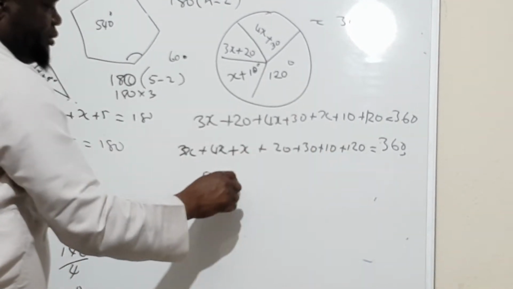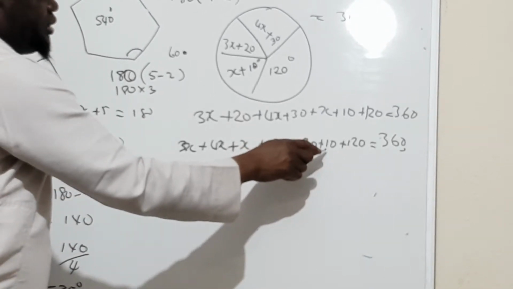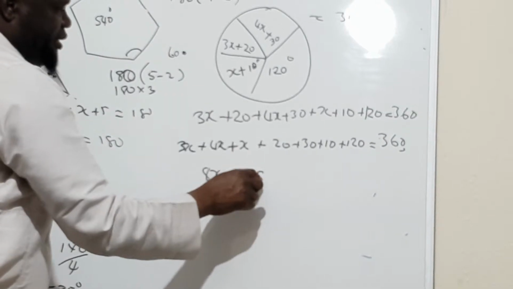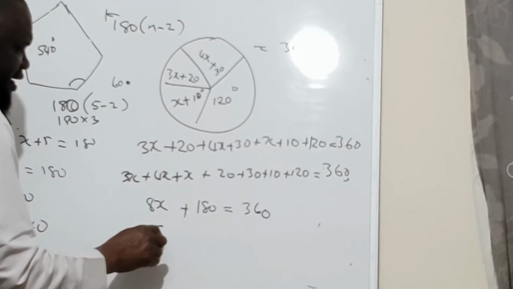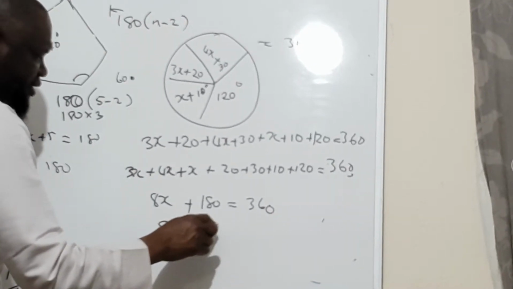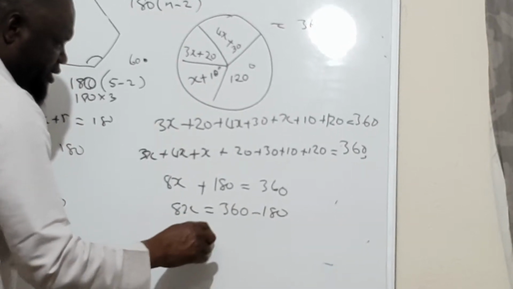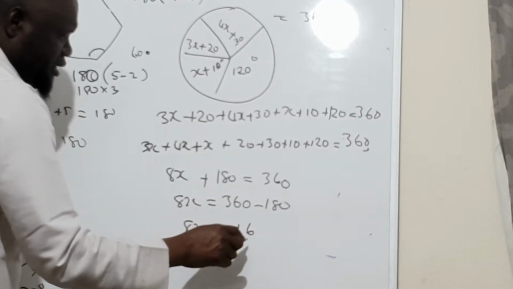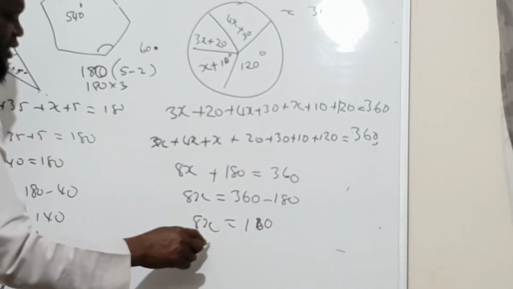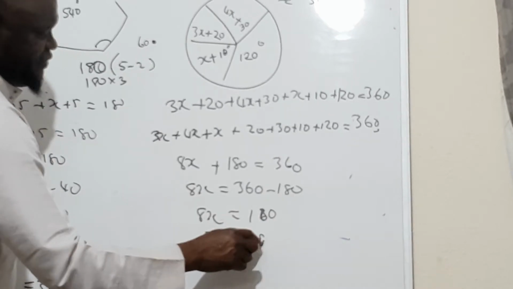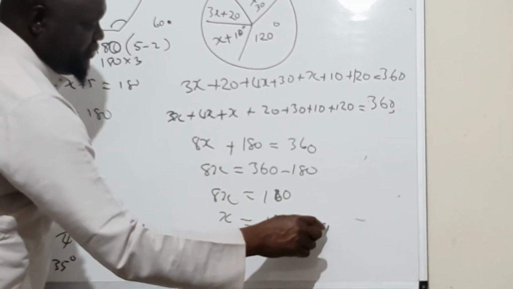All the numbers together: 20 plus 30 plus 10 plus 120 is 180. Is equal to 360. So basically 8x will be equal to 360 minus 180, so 8x is equal to 180. So x is equal to 180 divided by 8. And how much is that? That is 90 divided by 4.